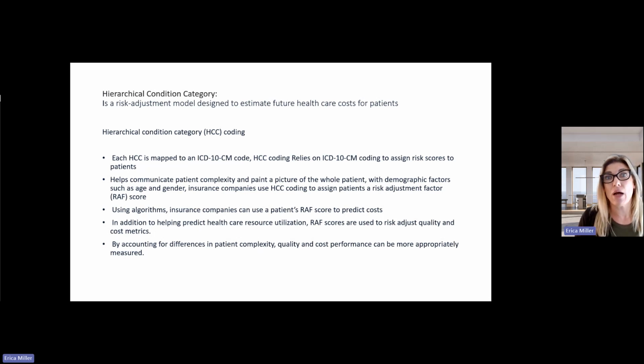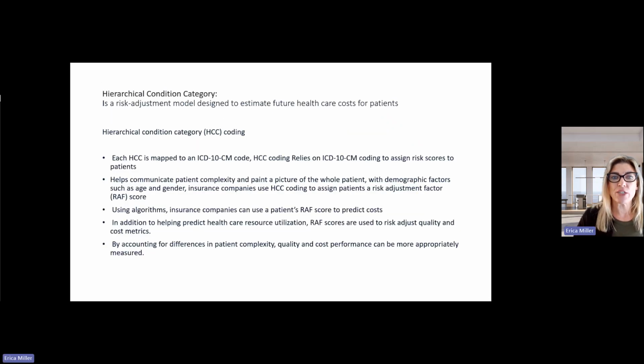So let's talk about a patient that may be unhoused but requires a medication that needs to be refrigerated, right? Then that puts them at a higher risk. It's not just about the sickness, it's about that whole picture of that patient. What is putting them at risk?